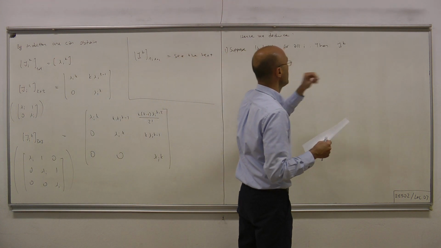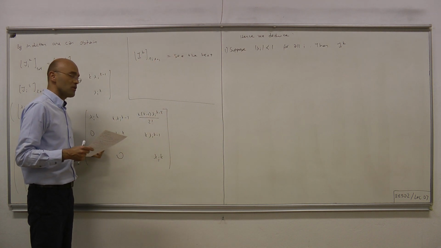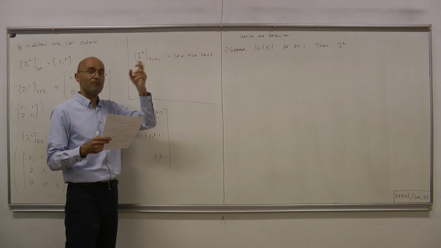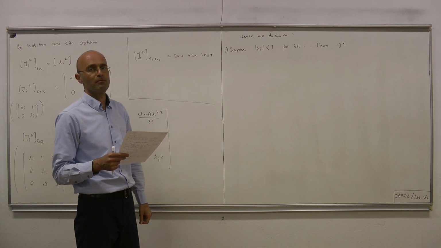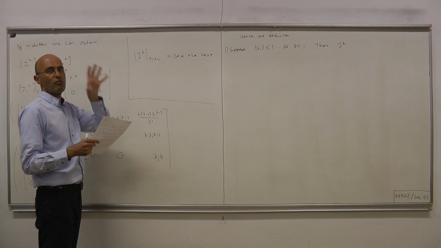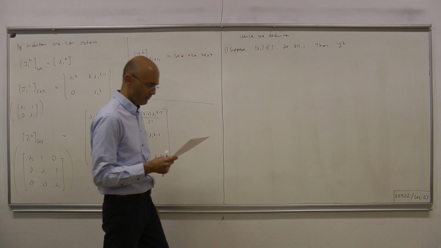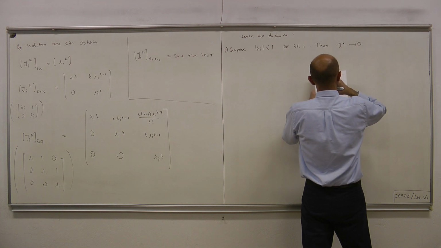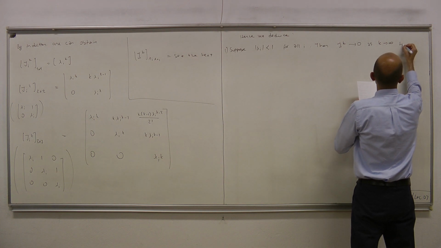And if all the Jordan blocks converge to 0, that means J to the k, the kth power of the Jordan form, converges to 0, and if the Jordan form converges to 0, then A to the k must also converge to 0.